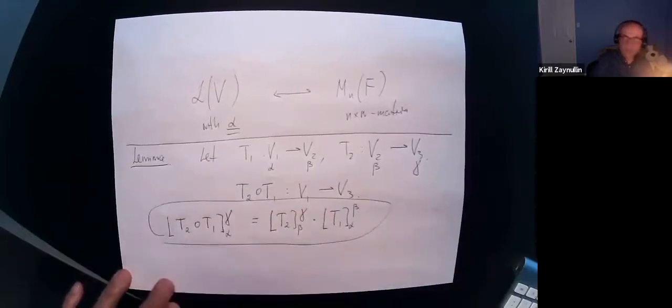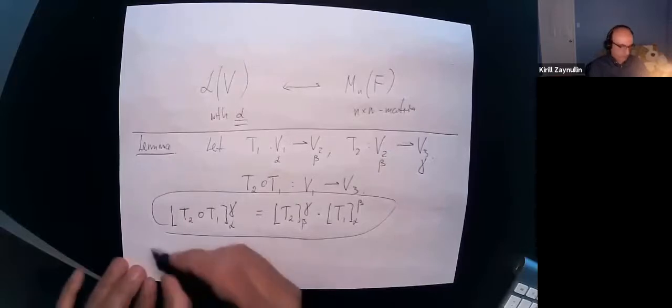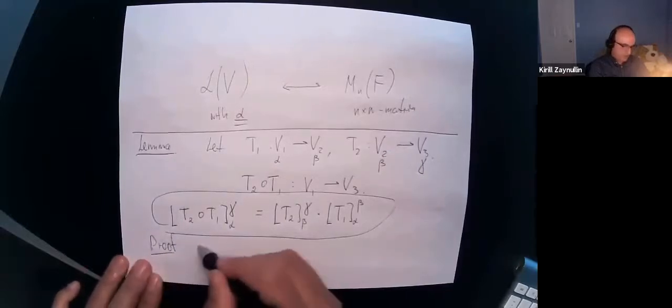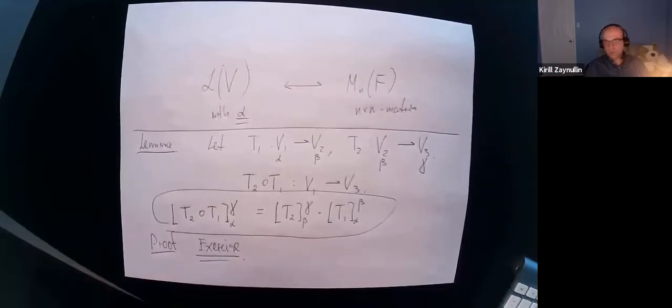So this is also a nice formula, which tells you that the composite of linear transformations corresponds to the product of the respective transformation matrices. So again, the proof is an exercise. You can also find it in the lecture notes. You just apply the definition, you take the basis vector, you expand it in terms of another basis, and you substitute and then expand it again.